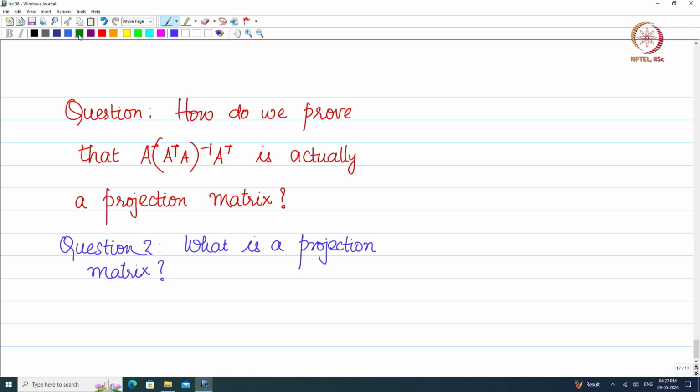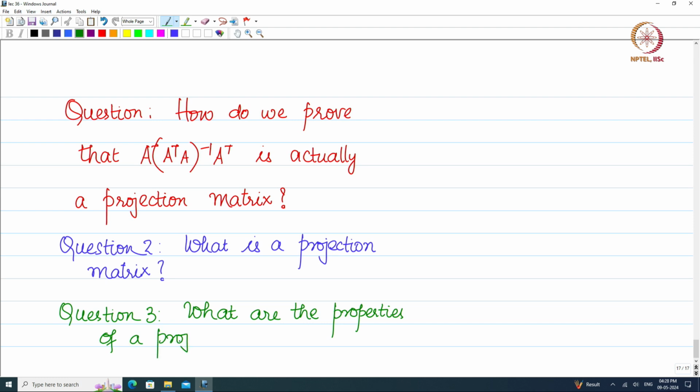And what are the properties of projection matrices? What are the properties of a projection matrix and so on. So, we have a lot of questions to answer.